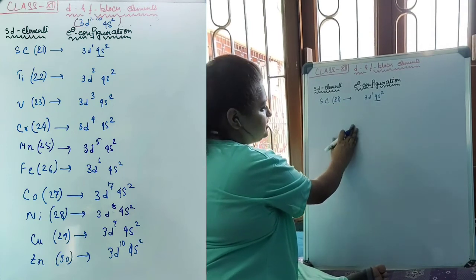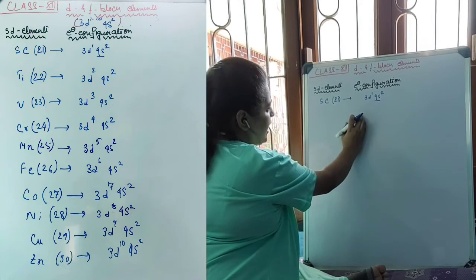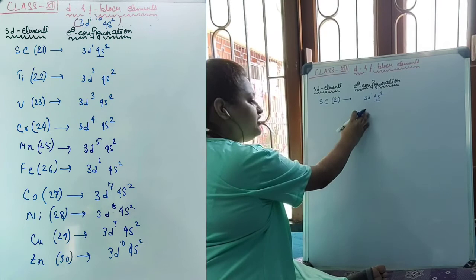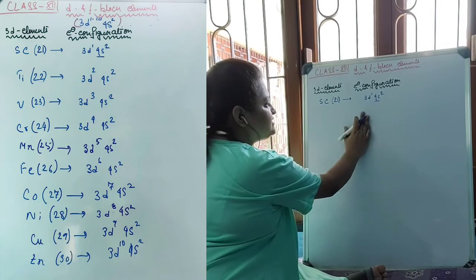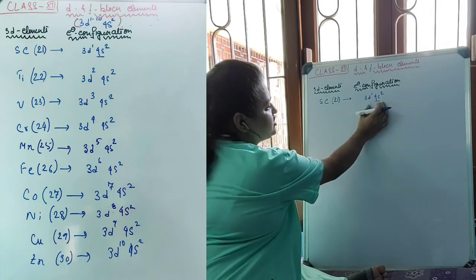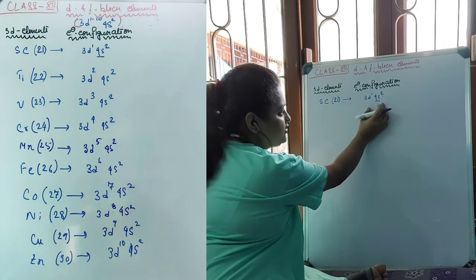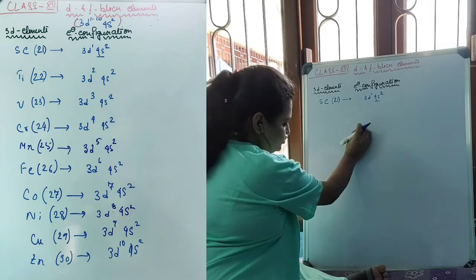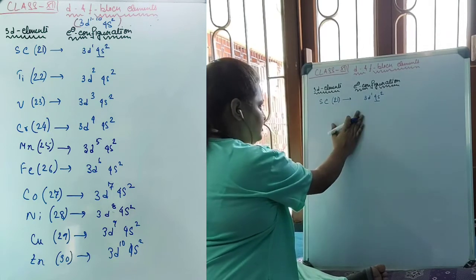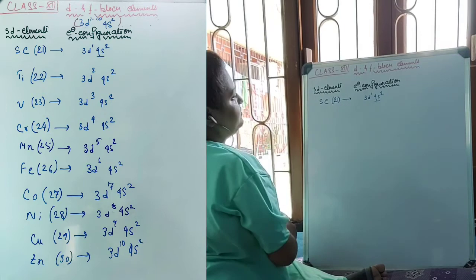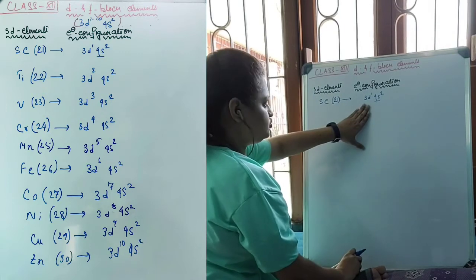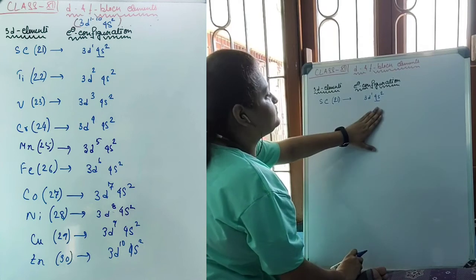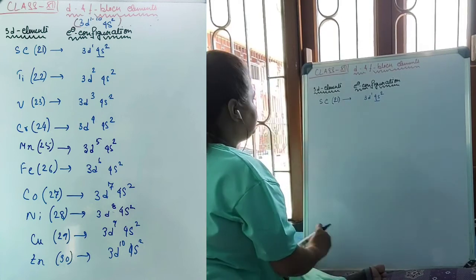This is quite ambiguous compared to our previous electronic configuration studies, where only the last shell was getting filled up by the electron when we were moving from one element to the other. But in this 3d series, the inner d subshell is getting filled up, and the last valence subshell is already filled.